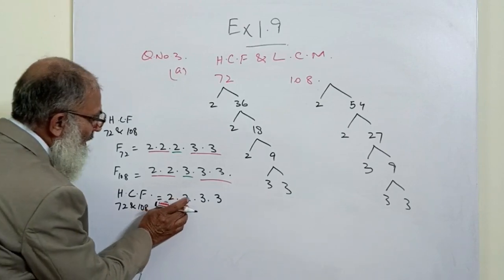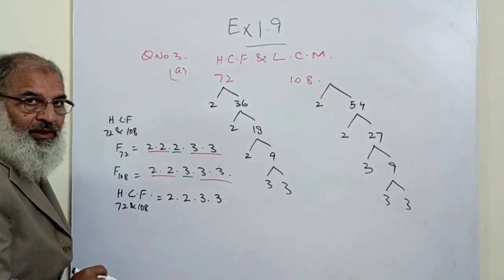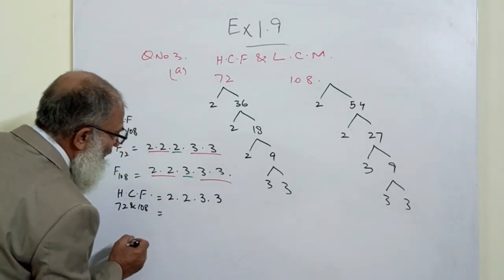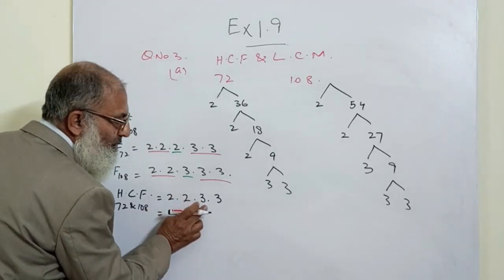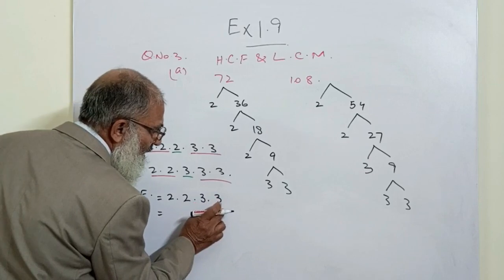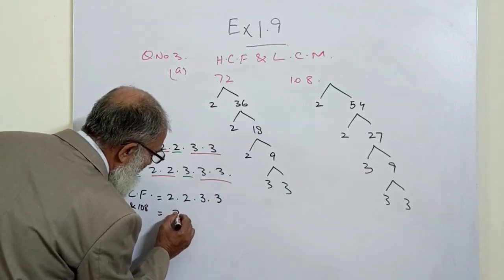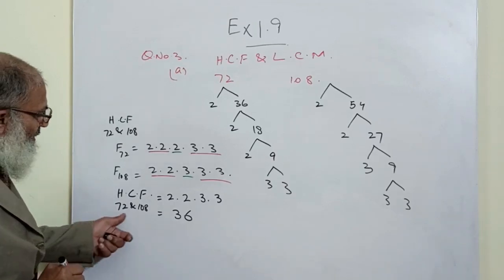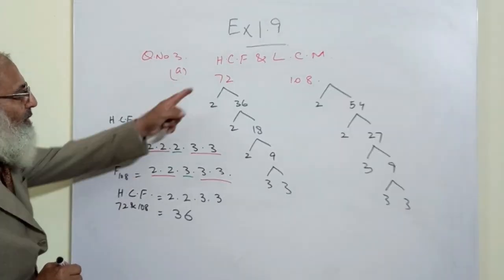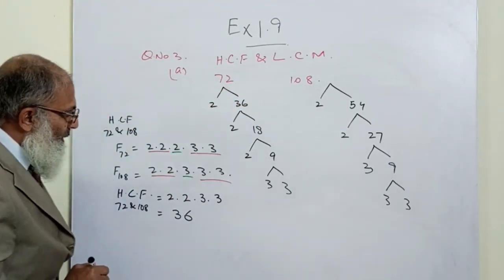So we have written all the common factors over here. So 2 times 2 is 4, 4 times 3 is 12, and 12 times 3 is 36. Now HCF is 36 of the numbers 72 and 108.